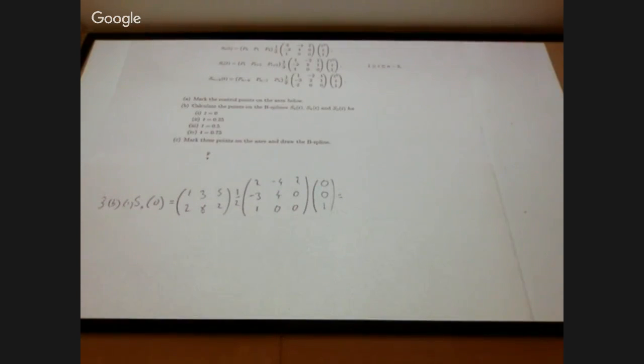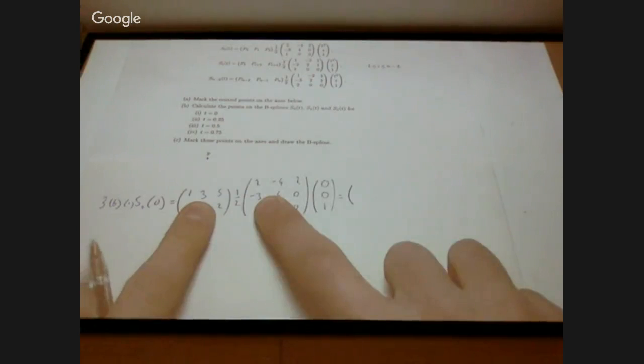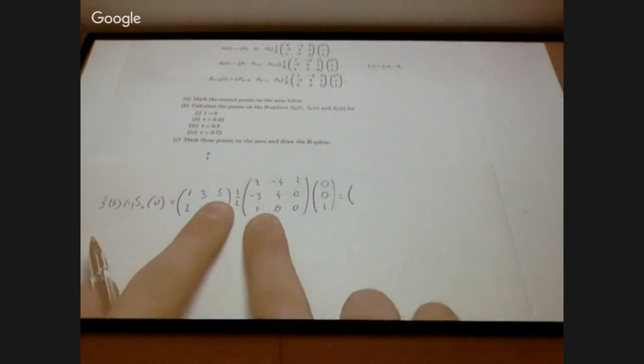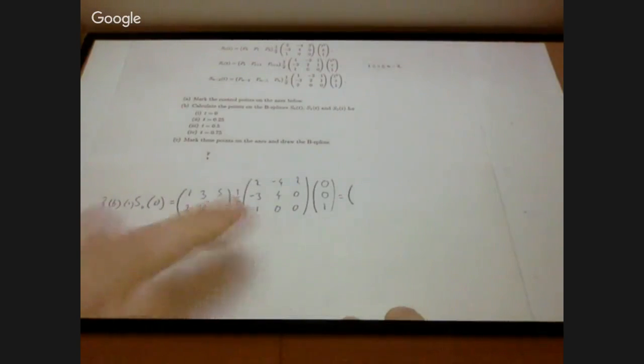Okay, so we multiply the first two matrices together. First row, first column: 2 minus 9, which is minus 7, plus 5, so that's minus 2. But remember, we're halving it, so that'll be minus 1.